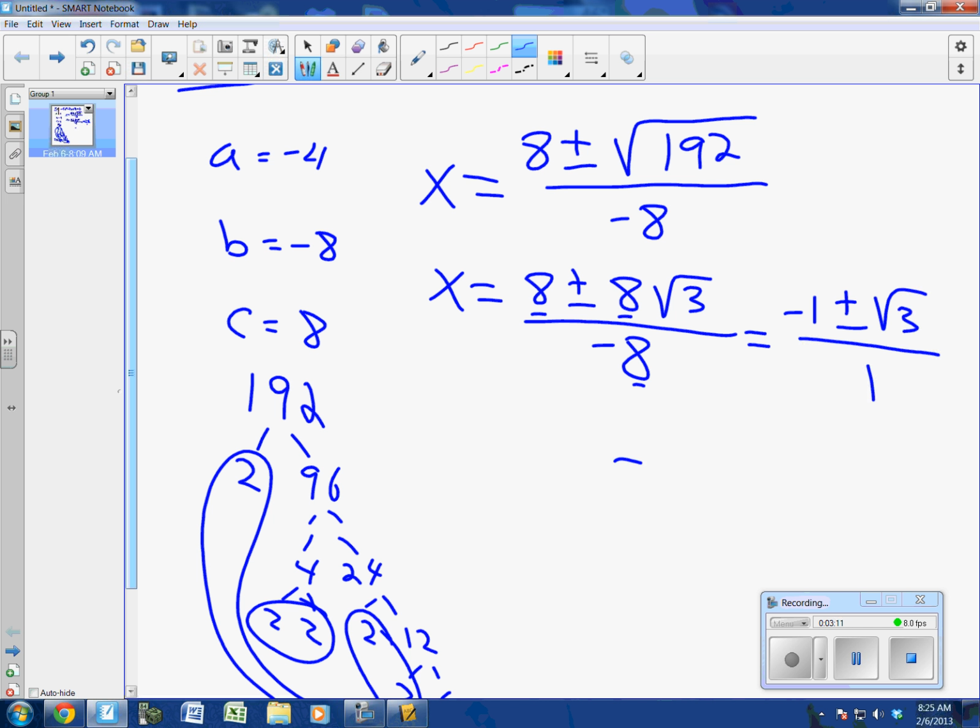But technically we don't need the 1 on the bottom. So our answer is x equals negative 1 plus or minus the square root of 3. Because there was a negative 8 on the bottom, we divide by a negative 8, so that we have a positive 1 on the bottom. That changed the sign up here.